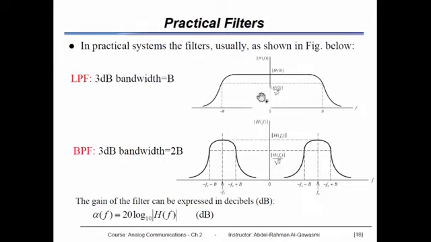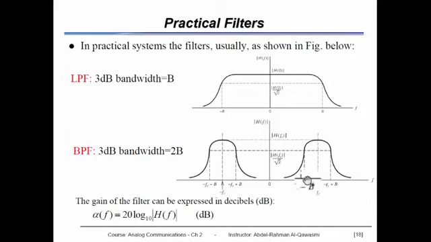Of course, we are talking about positive frequency in this case, so we can use the 3 dB bandwidth as we studied before. This is the signal before modulation, and this is the signal after modulation, which will be double. It is B before modulation, and 2B after modulation.